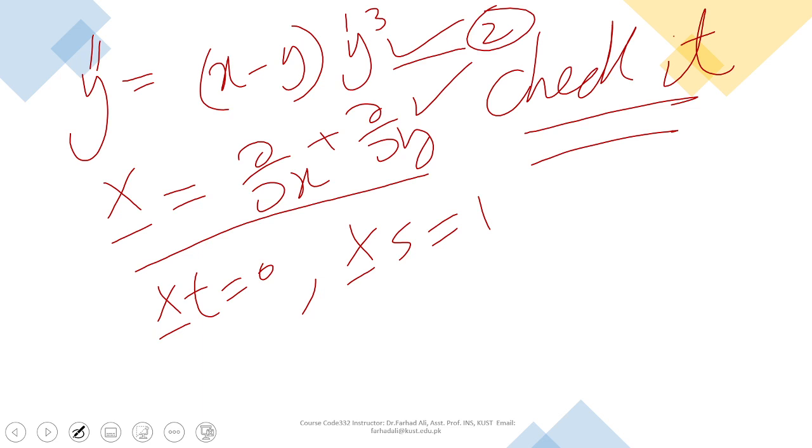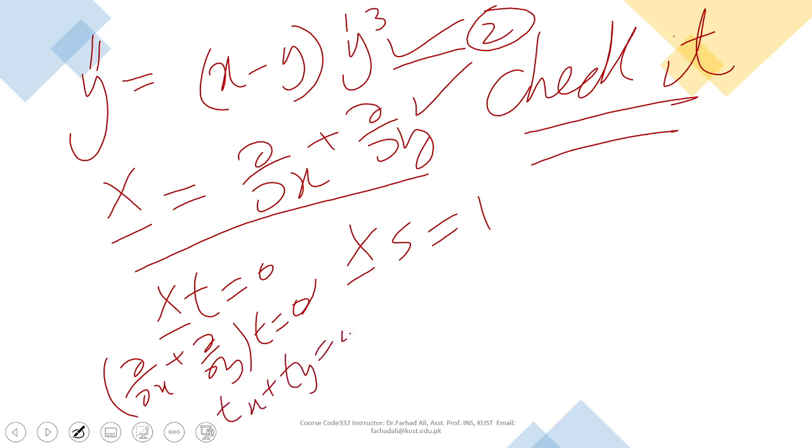Now you see, when I operate partial by partial x and partial by partial y on t, I get tx plus ty equal to 0. So when I solve it by the characteristic method, dx over 1, dy over 1 and dt over 0.